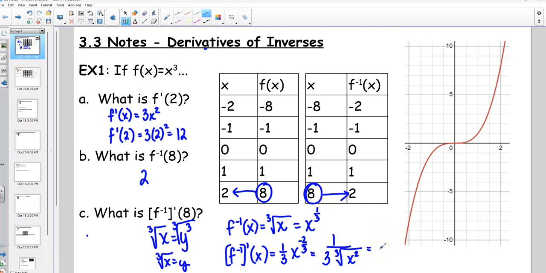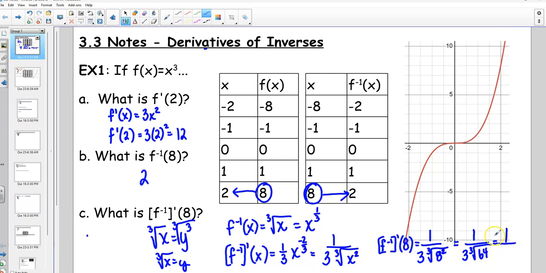All right, so actually I don't know why I put that equals on there. So they want us to find this at 8, which just means we need to plug 8 into what we've got here. So f inverse prime of 8 would be 1/3 times the cube root of 8 squared, which is 1/3 times the cube root of 64.